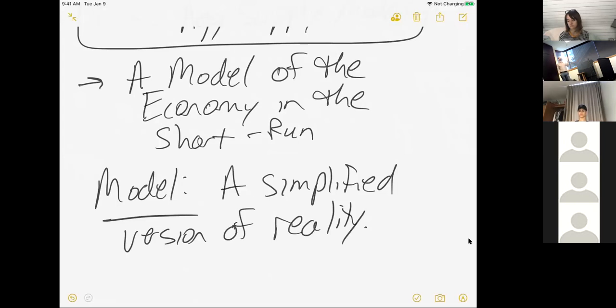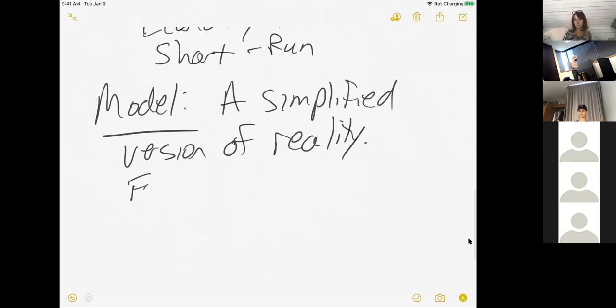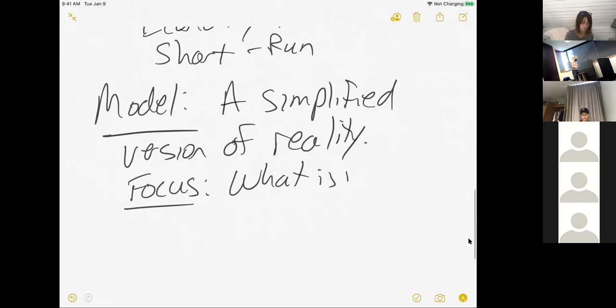There's going to be too much to think about. So what do we do? We develop models, and models are simplified. What we try to focus on is what's most important. We try to figure out what's most important to think about, and then we try to ignore the rest, right?